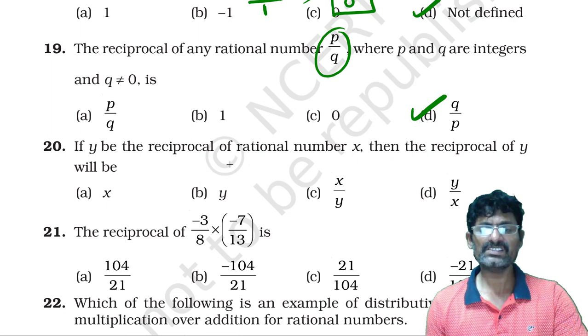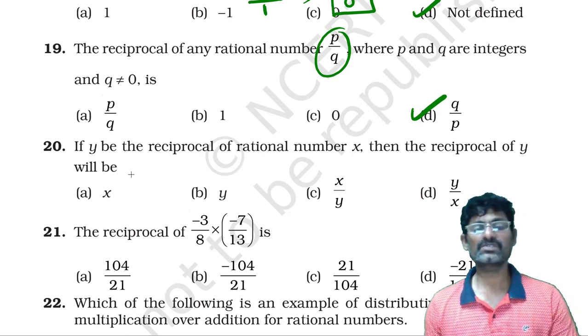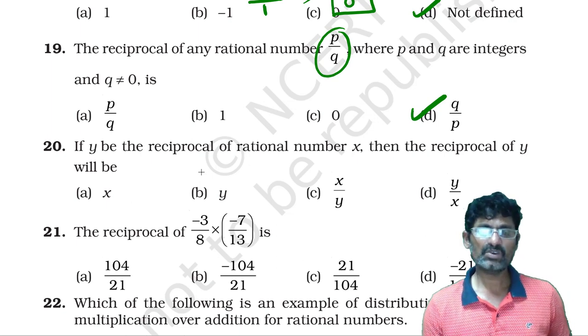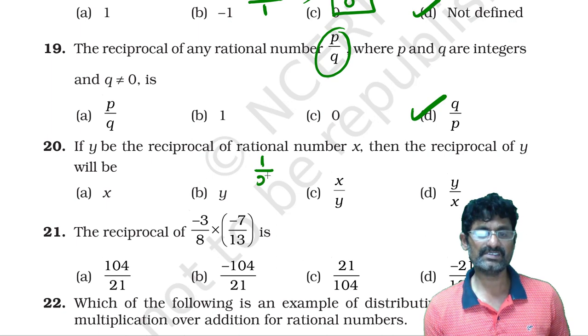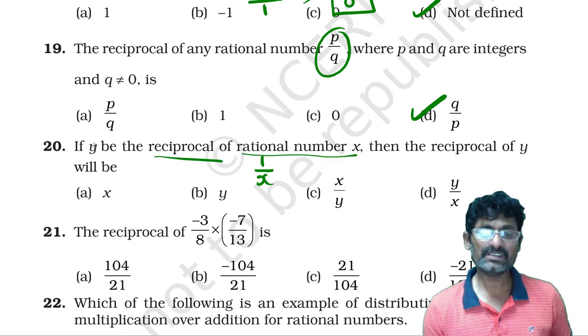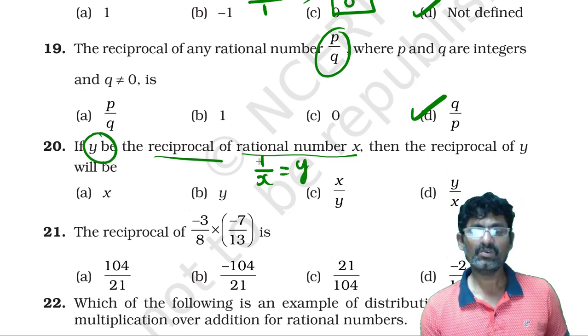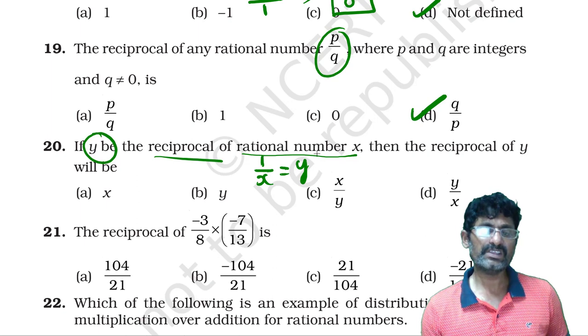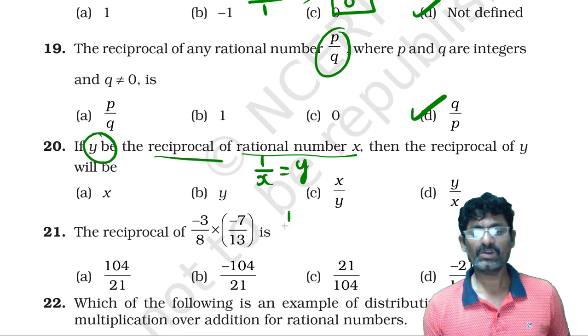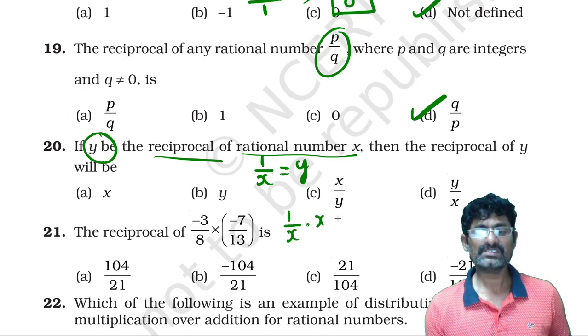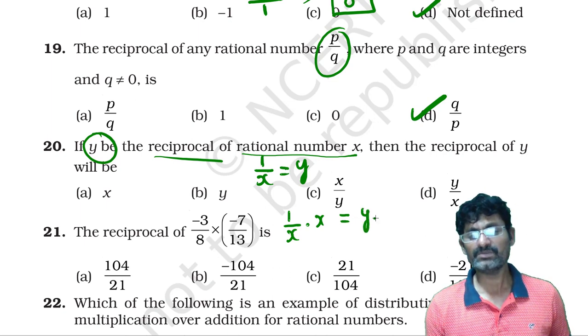If y be the reciprocal of rational number x, then the reciprocal of y will be nothing but x. The reciprocal of a rational number x is 1 by x, and that is given as y. Now, if you multiply both sides by x, we get 1 by x times x equal to y times x.